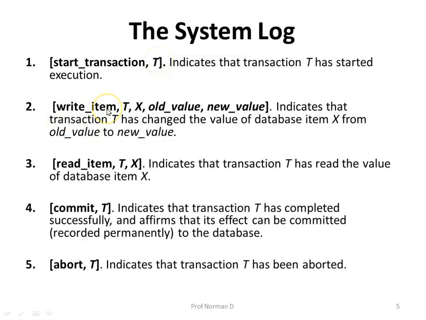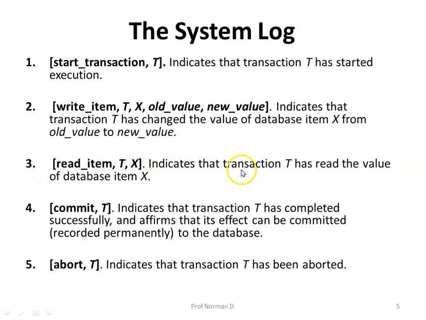Next is a write record. The parameters over here are write, T, X, old value and new value. This indicates that the transaction T has changed the value of database item X from old value to new value. Next is read.